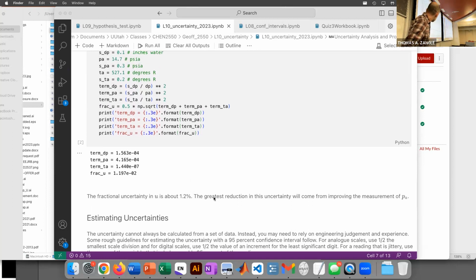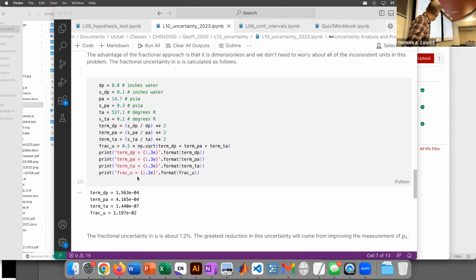This example goes a little bit further and says that the greatest reduction will come from improving the measurement of PA. That's just based on computing the relative uncertainties of all of the different parameters, multiplying by those sensitivities, and seeing which one is largest. Whichever one is largest has the most contribution to the ultimate uncertainty in your result.